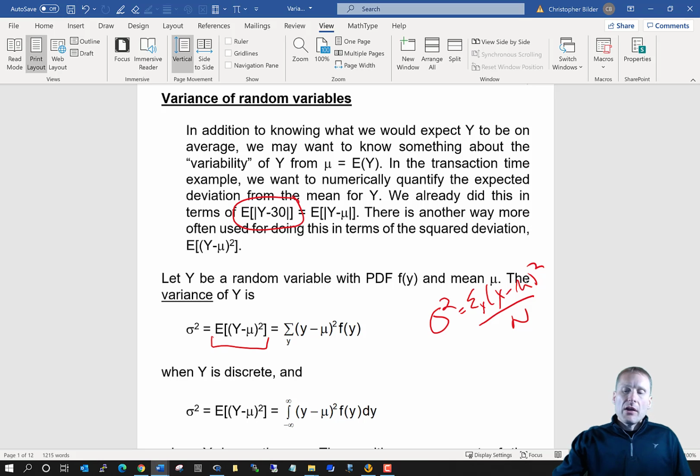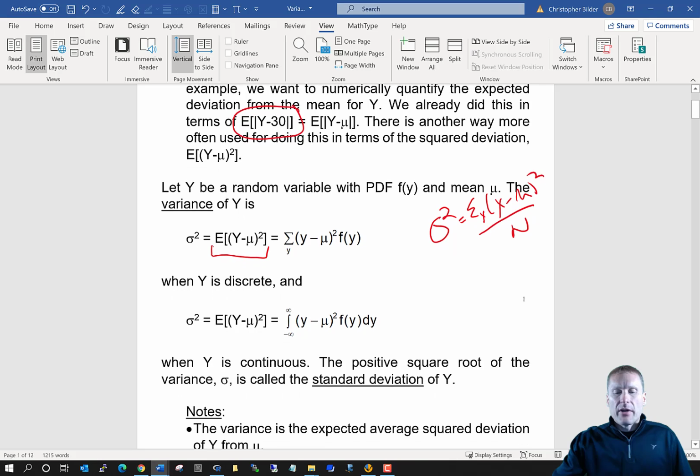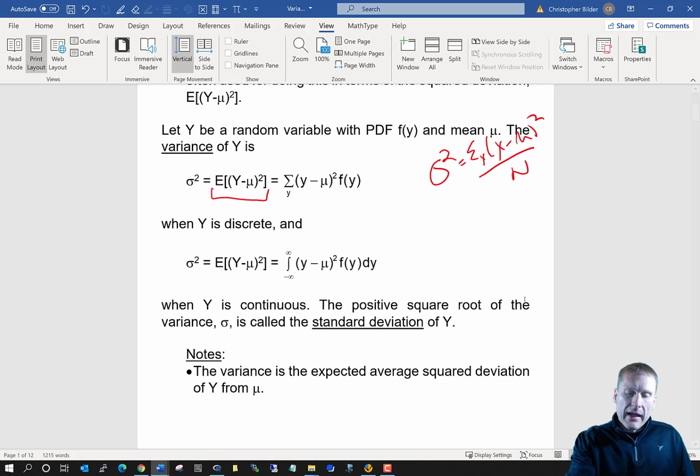Okay, so let's say that I have a discrete random variable y, and I'm interested in this variance, which we will again call sigma squared. That's going to be equal to the expected value of how far y is off from mu, that quantity squared. With a discrete random variable, that means let's sum over all the possible values of y, and we're going to take y minus mu squared, just like how we had here.